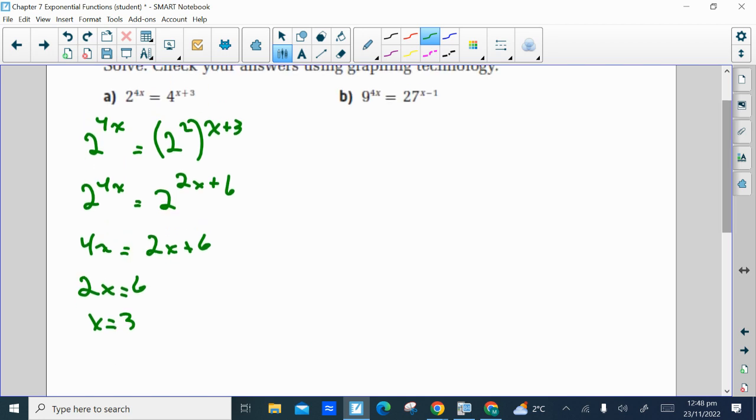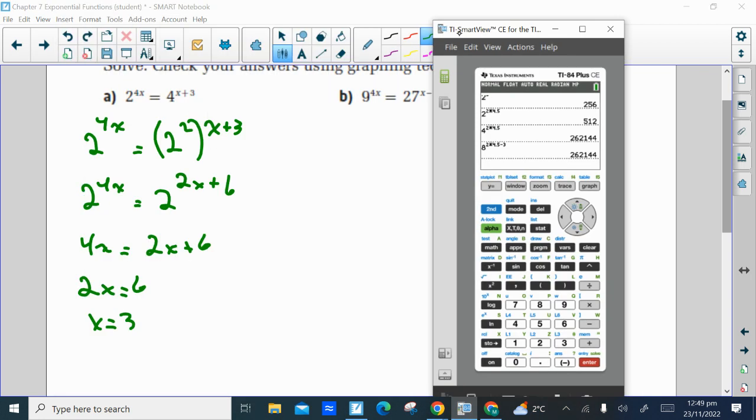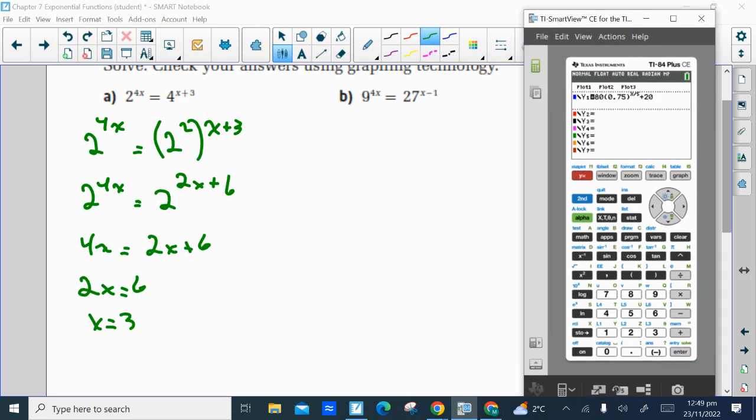So where these two graphs intersect should be where x equals 3. We can check it on our graphing calculator by putting the two equations in there. 2 to the power 4x as equation 1, 4 to the power x plus 3 as equation 2. If I go zoom 6 to set my windows to their standard settings, can't see the point of intersection here, so maybe we'll try zoom fit instead.